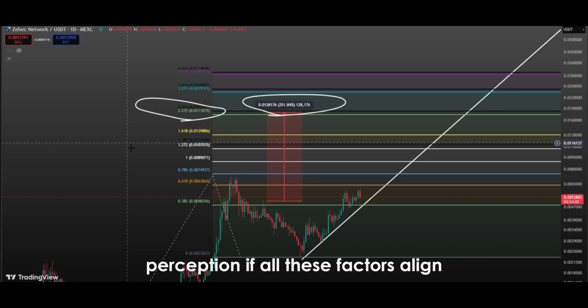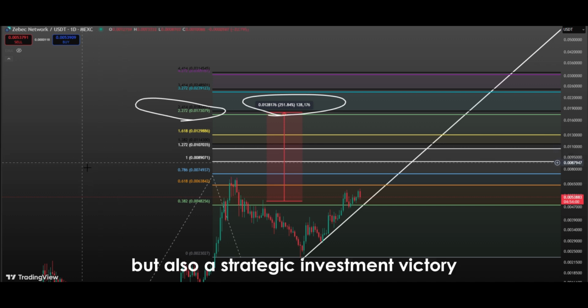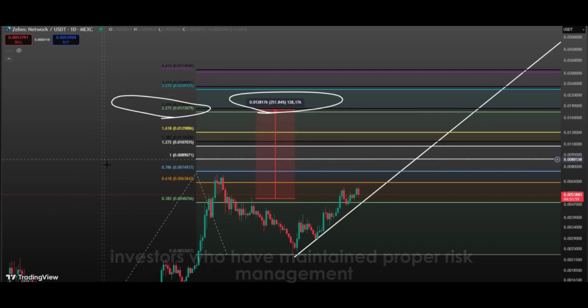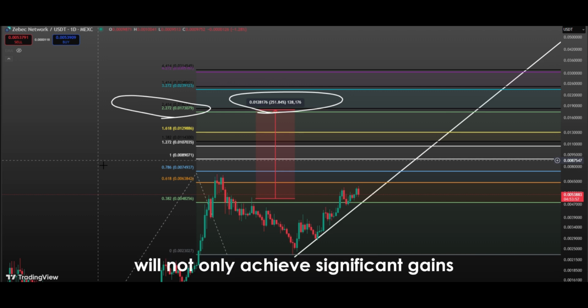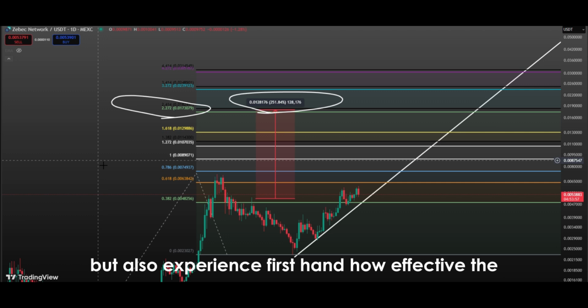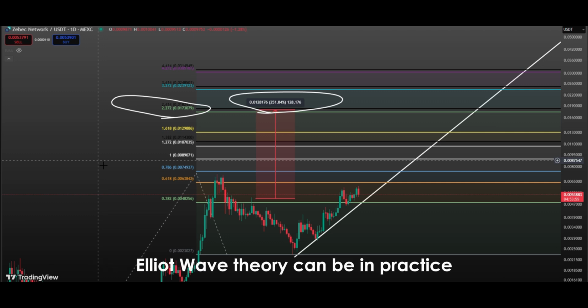If all these factors align and the price reaches this level, it will mark not only a technical success, but also a strategic investment victory. Investors who have maintained proper risk management up to this point will not only achieve significant gains, but also experience firsthand how effective the Elliott wave theory can be in practice.